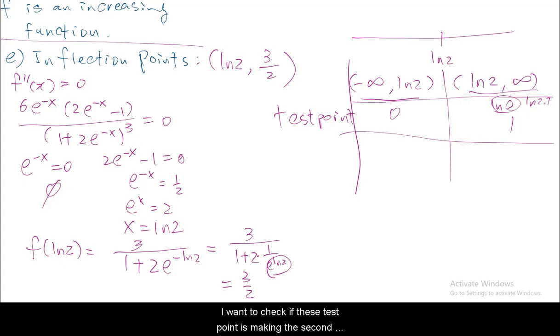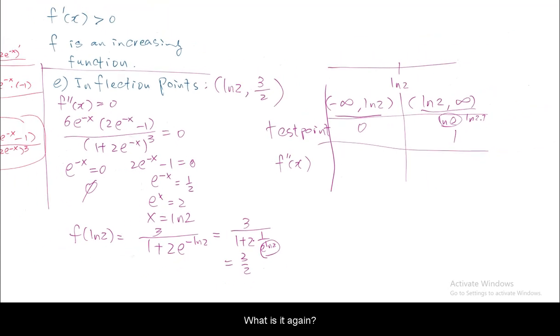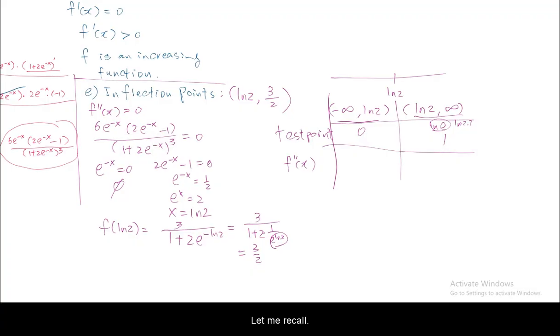Now, test points. I want to check if these test points make the second derivative of f positive or negative, basically the sign of the second derivative of f. Okay, so plug in 0 into the second derivative of f. What is it again? Let me recall. That is 6 times e to the negative x times 2 times e to the negative x minus 1, over 1 plus 2 times e to the negative x, cubed. I'll rewrite it over here. Such a long one, isn't it?